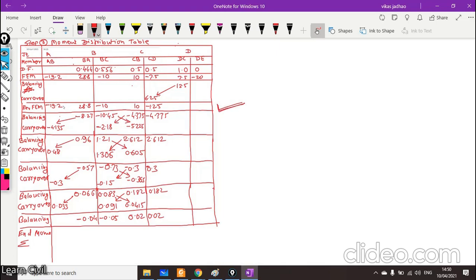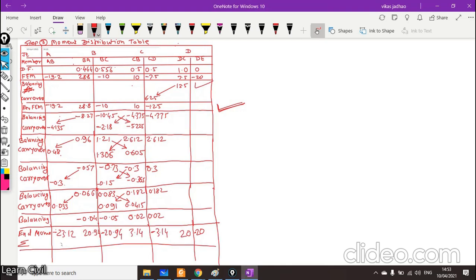That is, we will be summing minus 19.2, minus 4.135, 0.48, minus 0.3 and 0.033, and we will write down here.